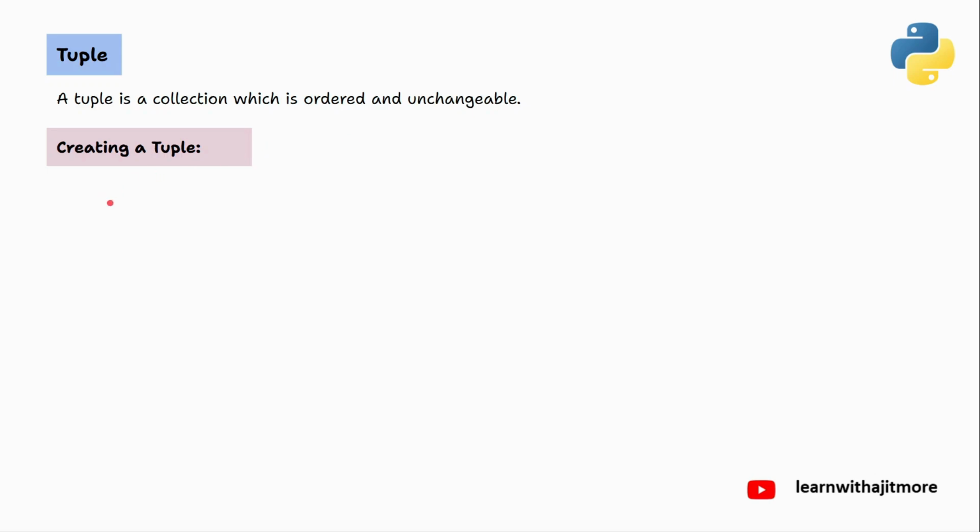Now, how to create a tuple? Same as list, only here instead of listing the items in square bracket, we list them in round bracket. So in the round bracket, you list out all your items separated by comma, element one, element two, going on. Enclosed in a pair of round brackets, and collect the reference.